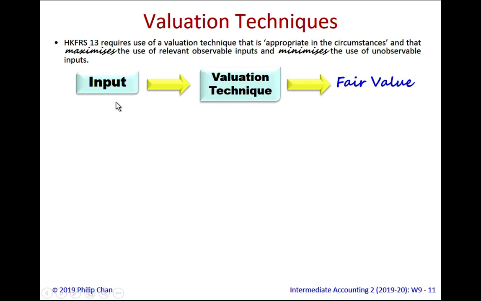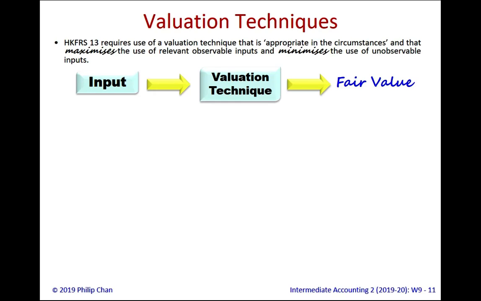So in other words, to determine fair value, you need to have inputs. Inputs can be observable and unobservable. And then you have to pick the right valuation techniques that are deemed appropriate to determine the fair value.